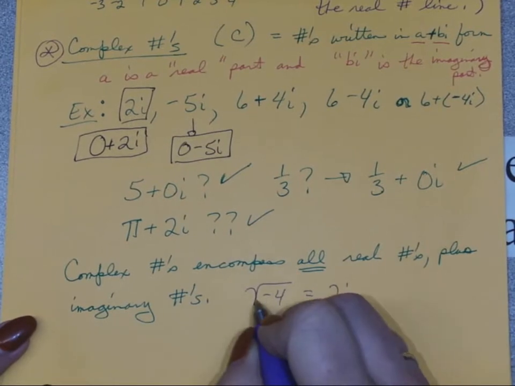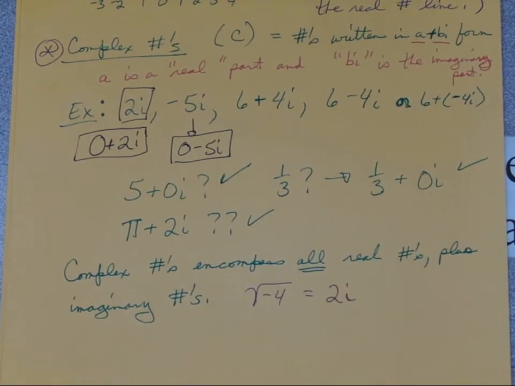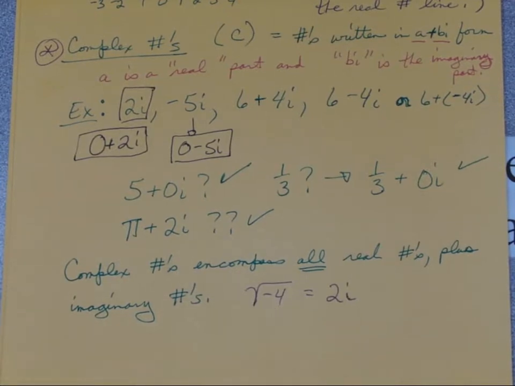That's how we get i. They had the square root of a negative number, and we couldn't figure out what times itself gives me a negative number inside of the radical. So we said, hey, we can't deal with that. It doesn't compute in our head. I want to do something with that. I don't want to just leave it like that. I want to be able to do stuff and work with stuff.